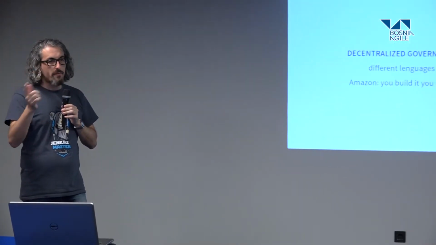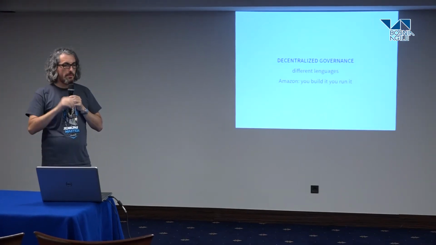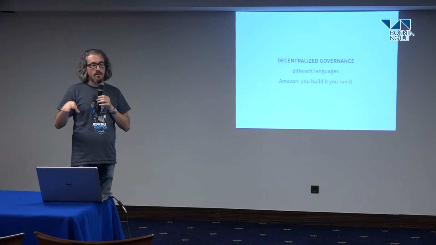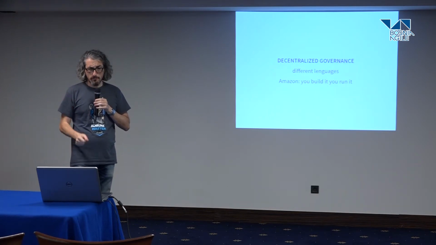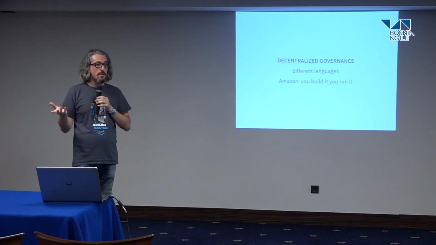Decentralized governance, which means you can have multiple services running on different languages. You can have some services running on Java, some services running on Go. You don't care about the language you use, because basically they talk between each other using APIs.